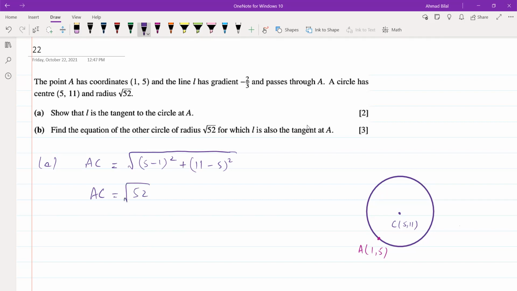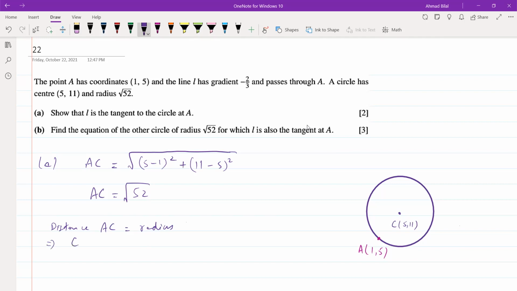That's the first thing. We say the distance AC is equal to the radius.